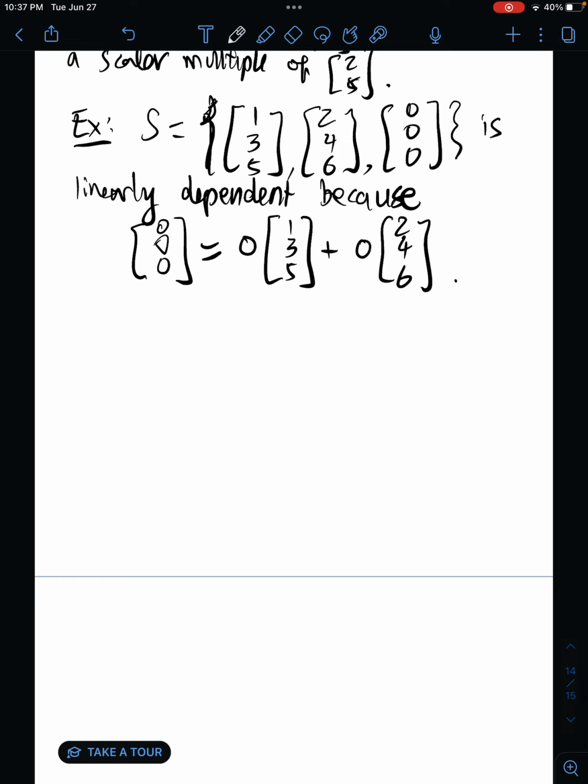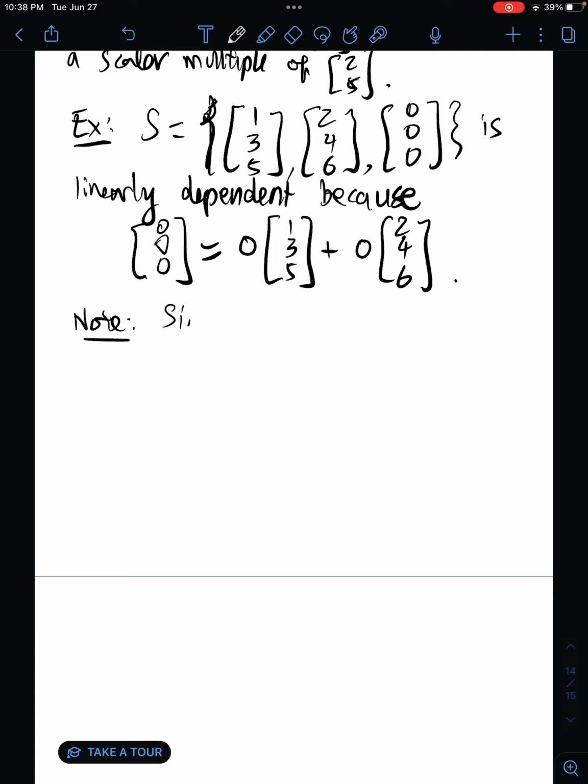And more generally, you can do this no matter what the vectors were. If these two vectors, (1, 3, 5) and (2, 4, 6), were different vectors in R3, you could still do the same thing, right? So let's just make a note.